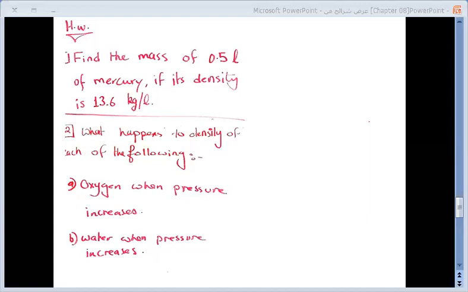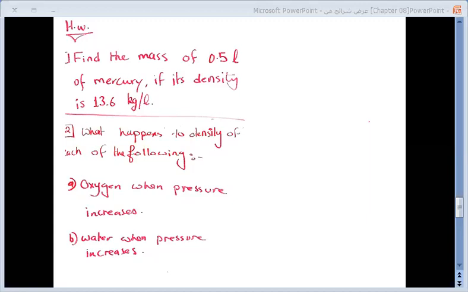So the answer is because the oxygen is compressible. So as we increase the pressure, the volume of the oxygen decreases. So the density increases. Why, when the volume decreases, does the density increase?